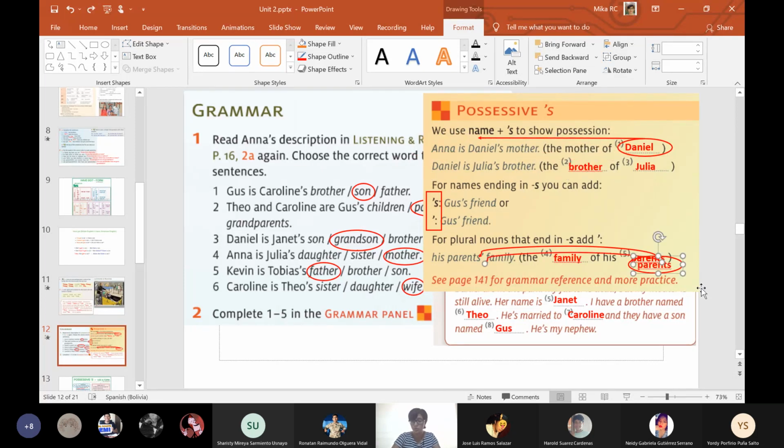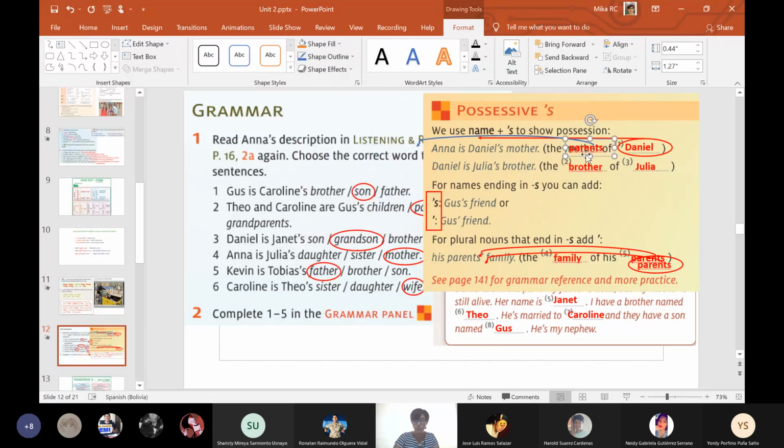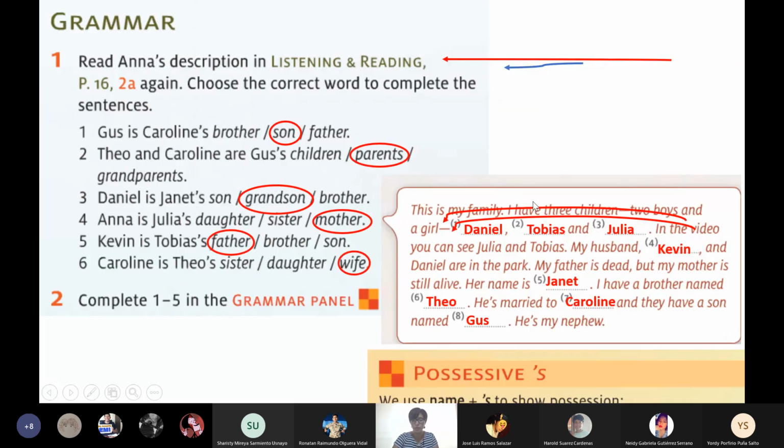Okay. I'm going to change the color. This one I'm gonna erase. And finally, you have the possessive, right? The possessive means of. So here, I'm going to write of. Let's check it out. That's the only bad thing, that I cannot write here.